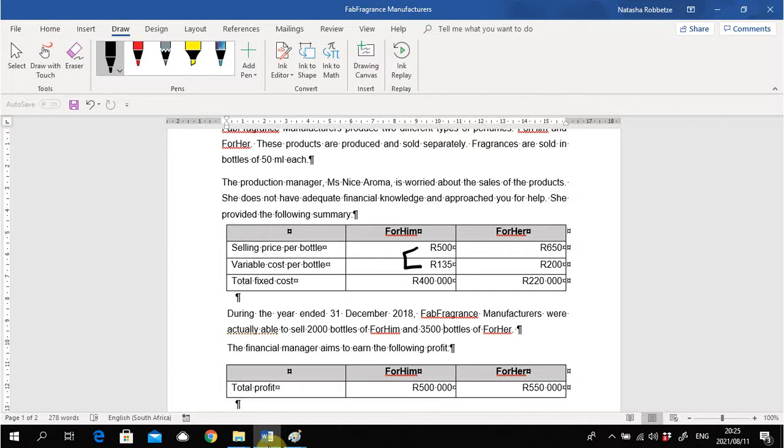If I say 500 minus 135, I get 365. That would be my contribution margin. They've also told me the number of bottles that were sold. So we have the units, it's 2,000 bottles. And then we need to calculate the profit as stated.